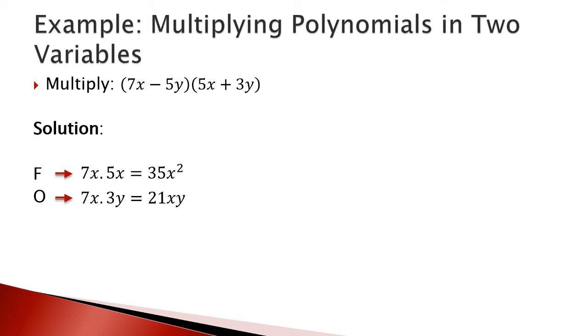Then we have to multiply the first term in the first equation and the second term in the second equation. So we have to multiply 7x by 3y. So 7 by 3 it is 21, and x times y it is xy.